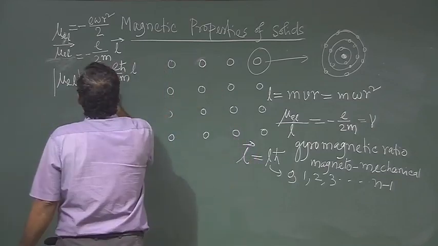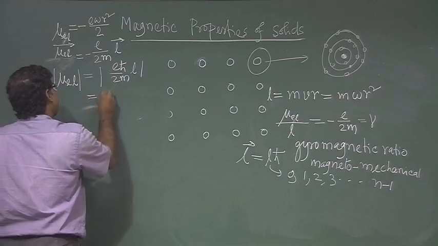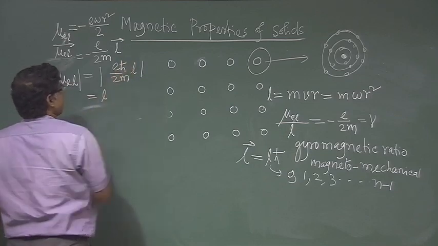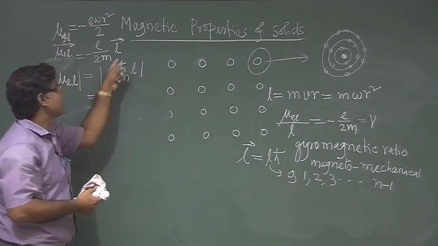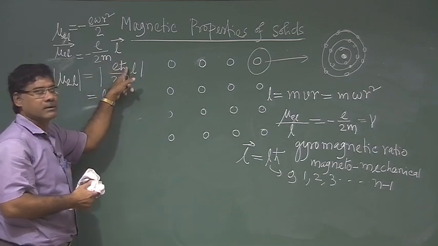So then it is giving me L, and this e h cross by 2m is again constant for an electron. Okay.